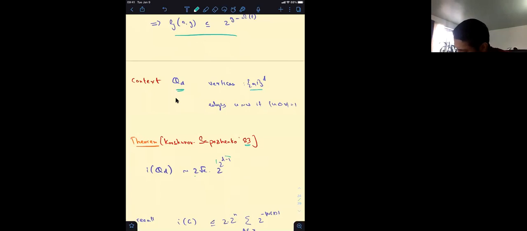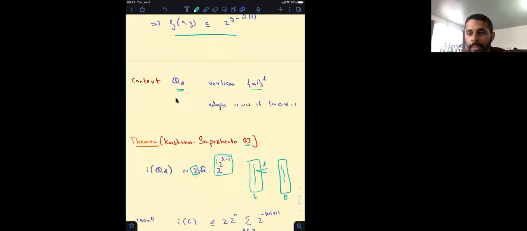So if you stare at it, Q_d is bipartite. You have all strings of even Hamming weight and all strings of odd Hamming weight, and it's d-regular. Okay, so this part and this part come from taking all independent sets here and here. So that's where both of these terms come from.